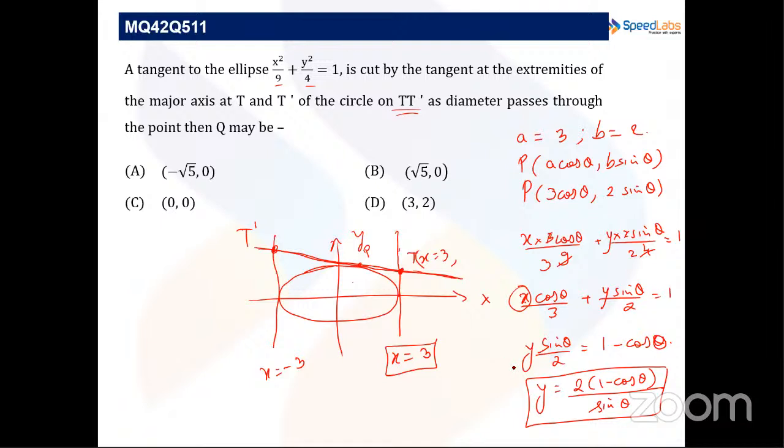So this is for T. For T dash, x equals minus 3, so that will be plus, so y will be equal to 2(1 plus cos theta) by sin theta. So we have the coordinates (3, 2(1 minus cos theta)/sin theta) and (minus 3, 2(1 plus cos theta)/sin theta).